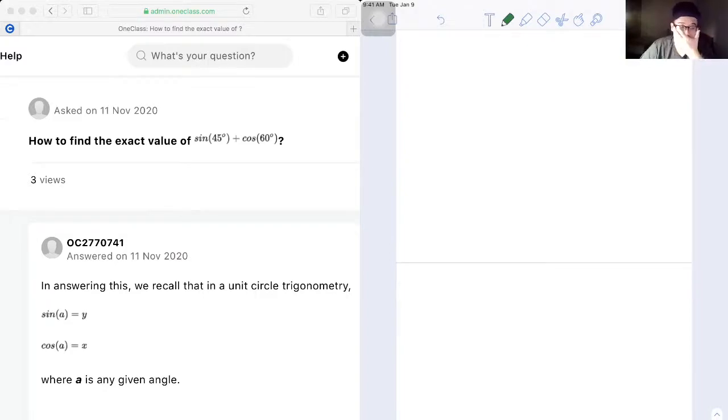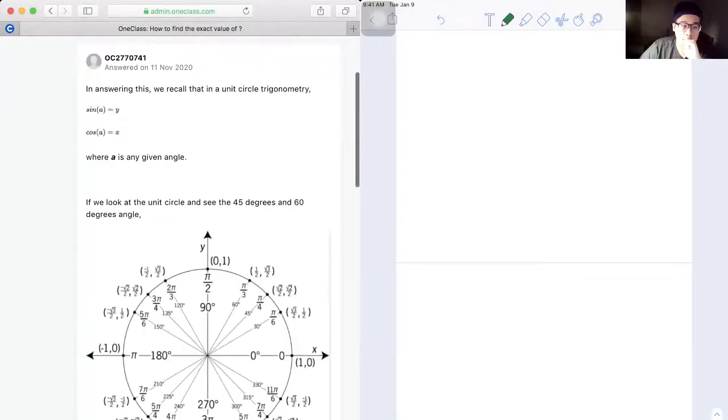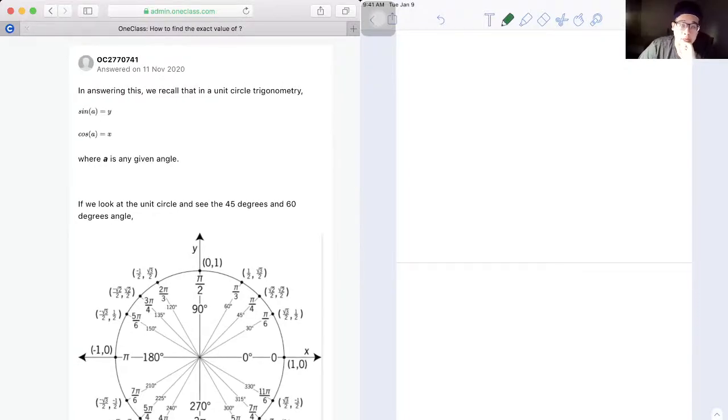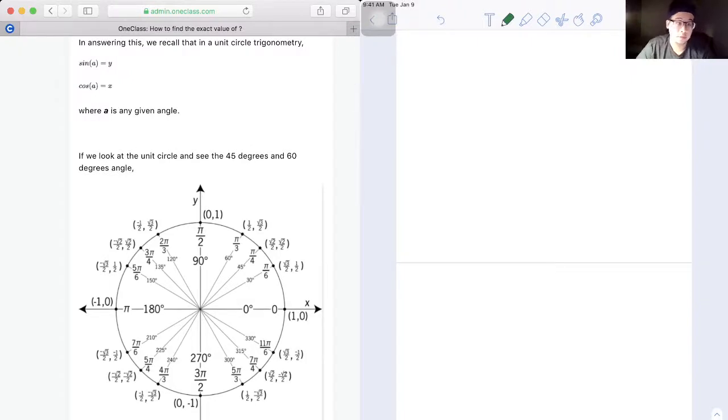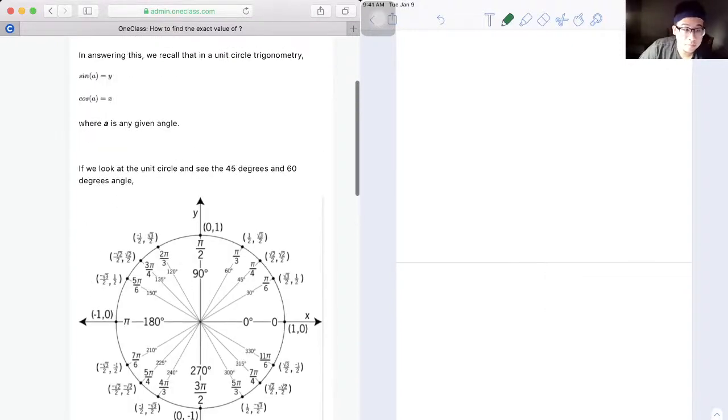Let's leave a comment. Oh, and also, as you can see from Junior Tutor's answer, he or she is solving this by using the unit circle, which looks something like this. We look at the unit circle and see the 45 degrees and 60 degrees angles.